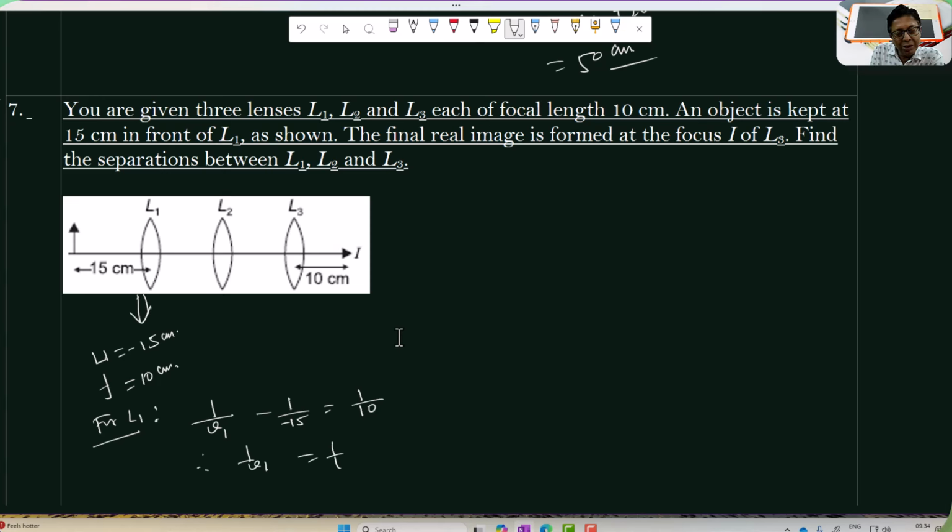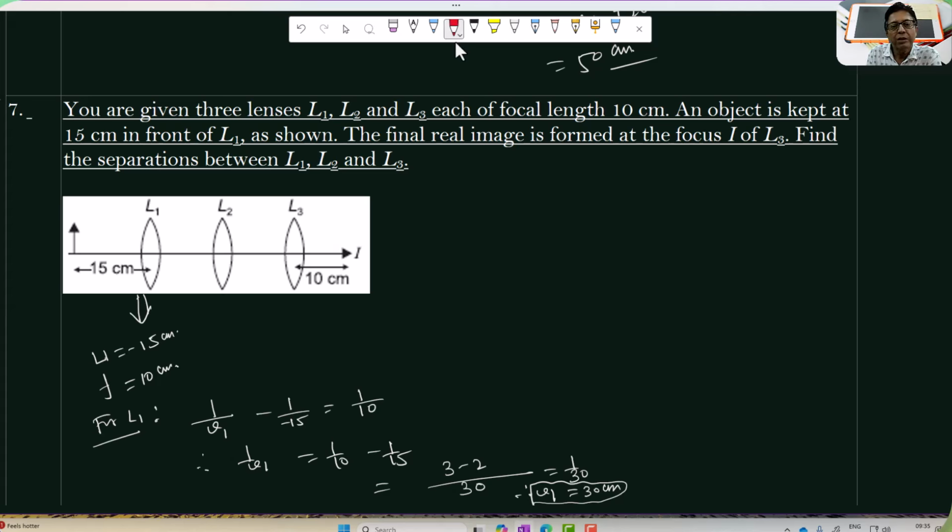So 1 by V1 equals 1 by 10 minus 1 by 15. 30 is the LCM, 3 minus 2, 1 by 30, therefore V1 equal to 30 centimeter. So the image is formed at a distance 30 centimeter away from the lens L1.